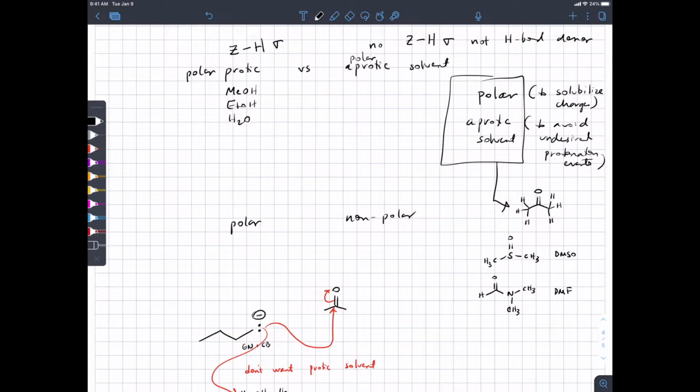Just to clarify, what degree do you want us to understand these to be tested on? Just very basic, like you said. What are you worried about? I just don't want to understudy it. Okay, if you're aware of the distinction, and if you can recognize polar protic solvent from polar aprotic solvent, I think that's good enough skills at this point.